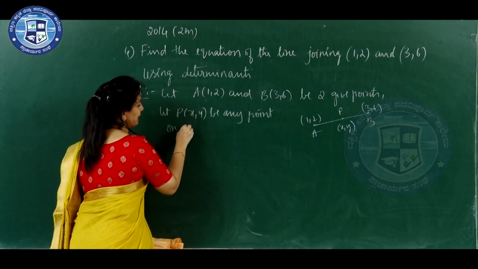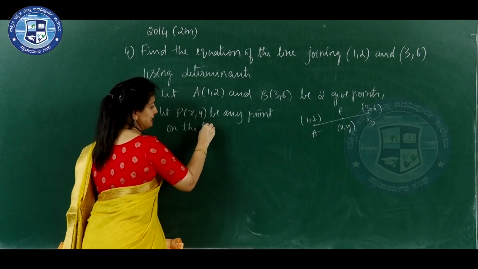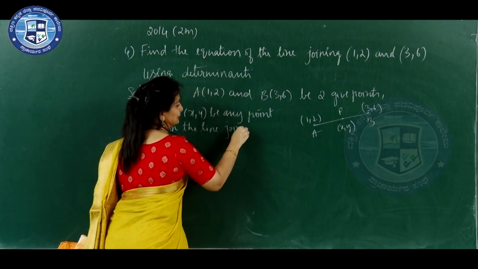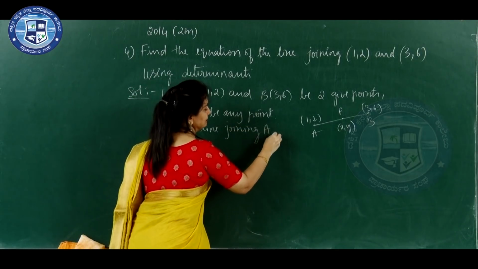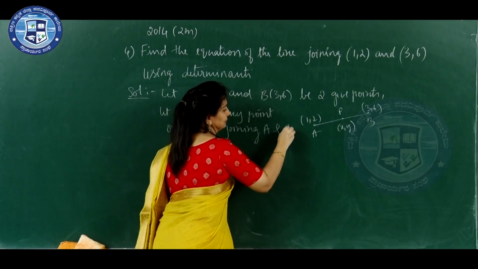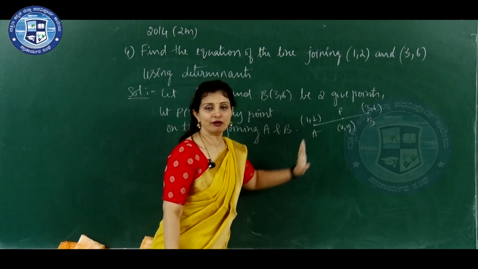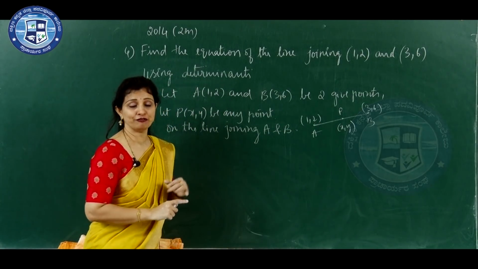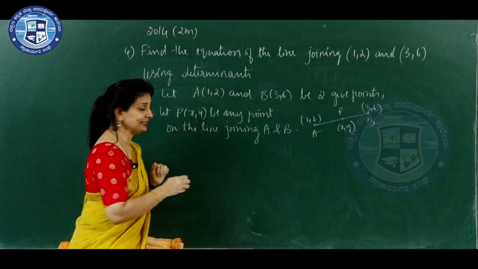So, here let P(x, y) be any point on the line joining A and B. Therefore, we have 3 points which are collinear.